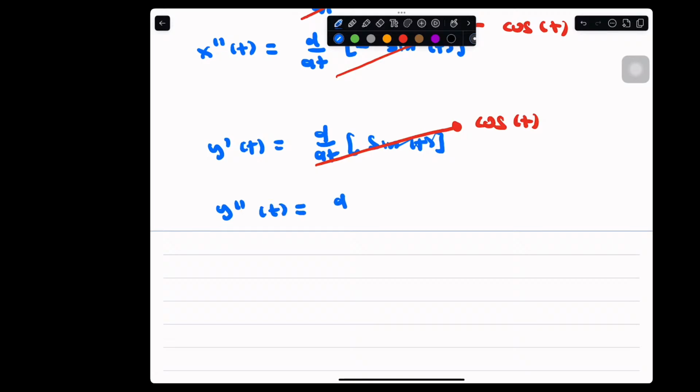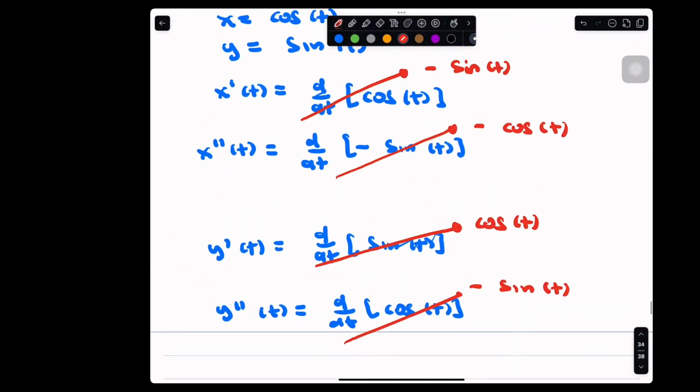Second derivative here of cosine is minus sine.